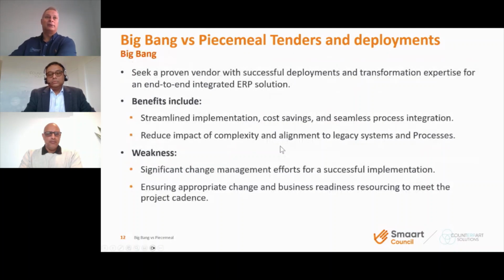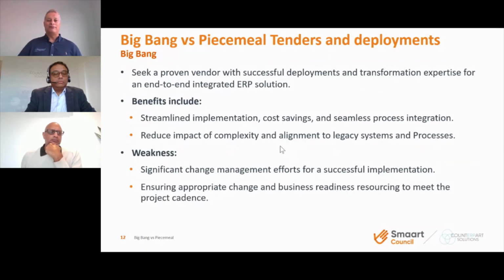So if we're talking about the big bang to start with, we spoke a little bit about seeking a proven vendor. You need to find a proven vendor that's had successful deployments and transformation expertise, so that you can look at references and at an end-to-end working integrated ERP, because you're going to basically take that solution, it's all plugged together, so you don't get a lot of option around changing things out.